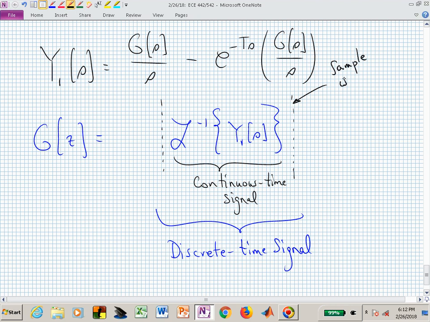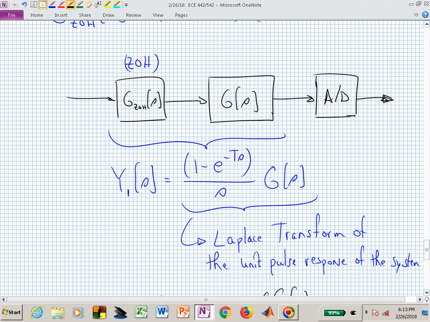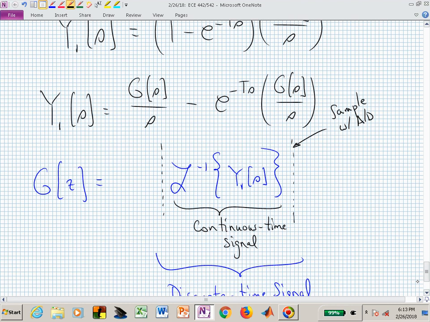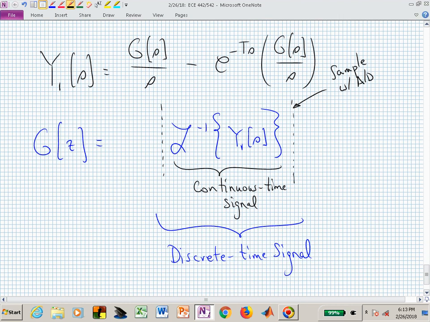This is the sample with the A to D. That's what is happening over here on the right-hand side. That's this vertical bar. That's sampling capital Y sub 1 of s after it's been inverse Laplace transformed. Now that I have a discrete time signal, a sequence of numbers, I can z transform it. So that now I can say, oh, z transform that.